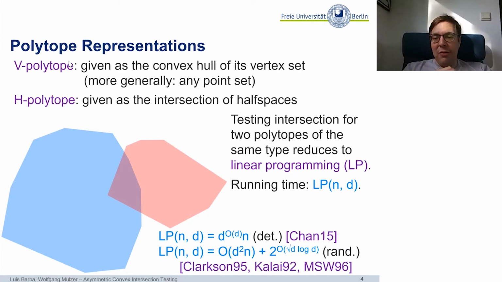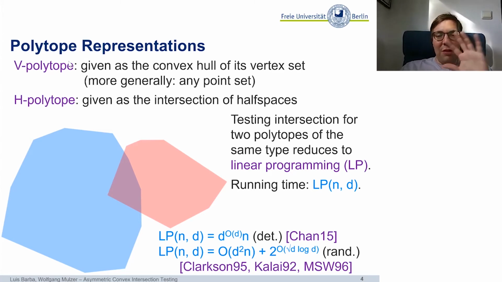And there also exist randomized algorithms from the 90s that are even better, where basically we have some term which is linear in n and polynomial in D, and then some term which is somewhat exponential in D, or sub-exponential, depending on how you call it.